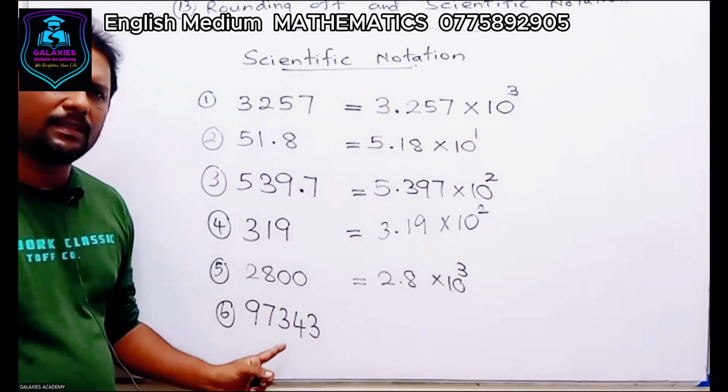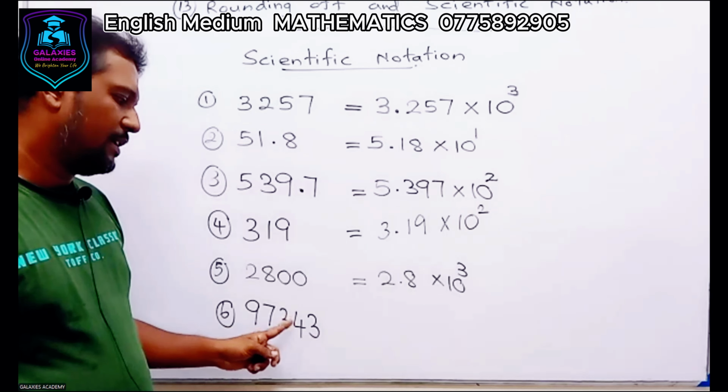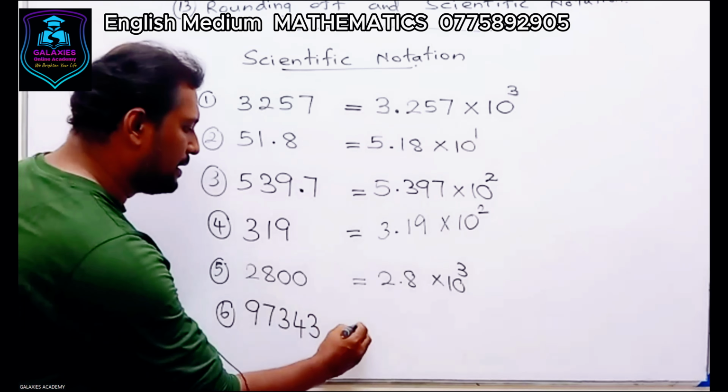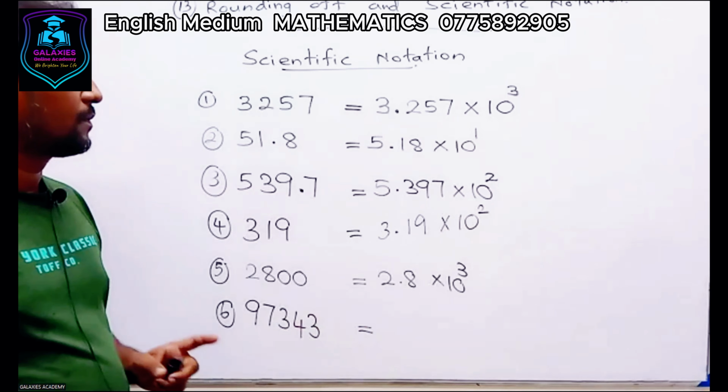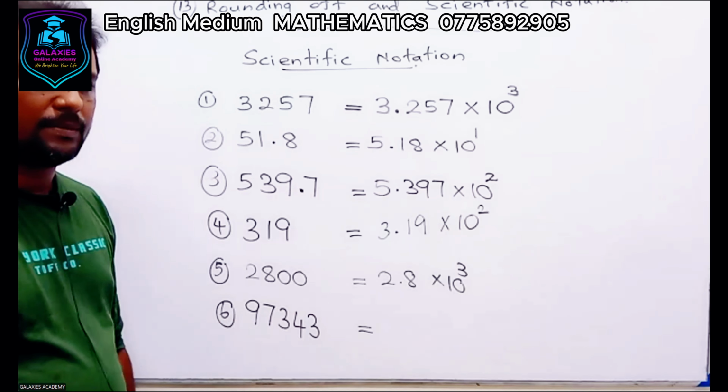Right, then another number I wrote here, 97,343. Try to write the scientific notation of this number.